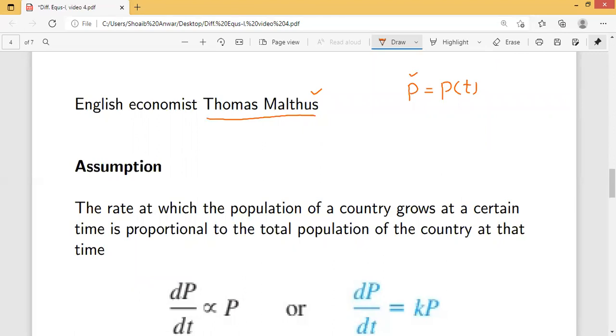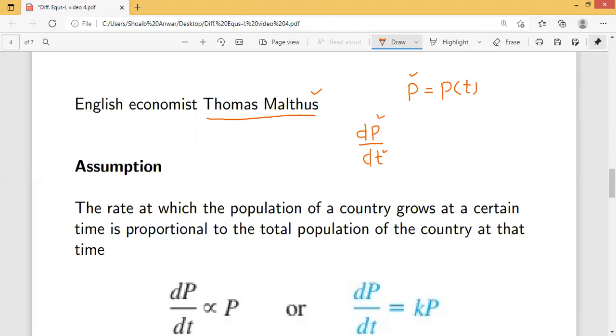And he further assumed that the rate of change of population with respect to time, dP by dt, the first derivative, represents the rate of change of the dependent variable with respect to the independent variable.